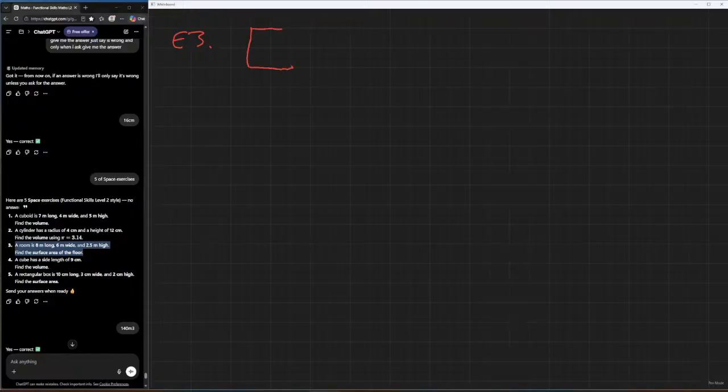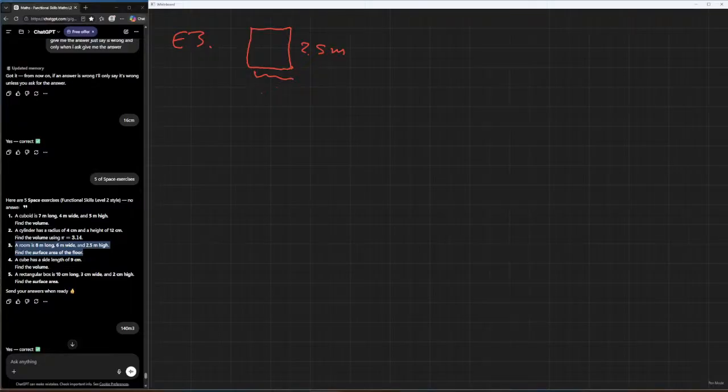It may not be accurate, maybe it has more stuff, and you only ask for the floor. So 8 meters long, and the height I know is 2.5 meters.